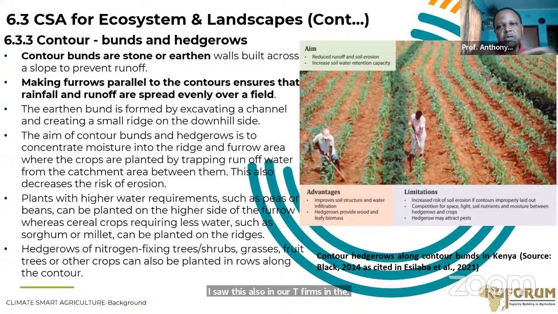In places where you have a lot of wind, you can have hedgerows with trees or shrubs that can reduce the speed of those winds, because winds enhance evaporation and transpiration. In that way, you can conserve your moisture and make it available for your crops.